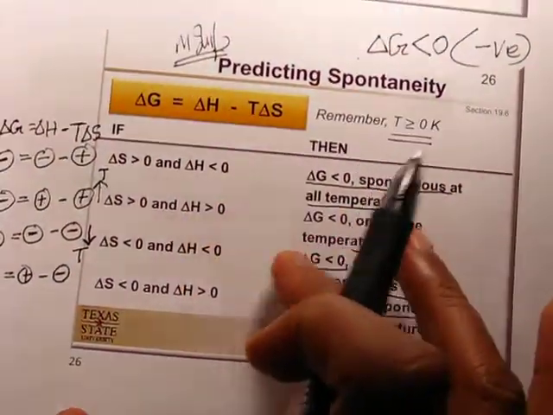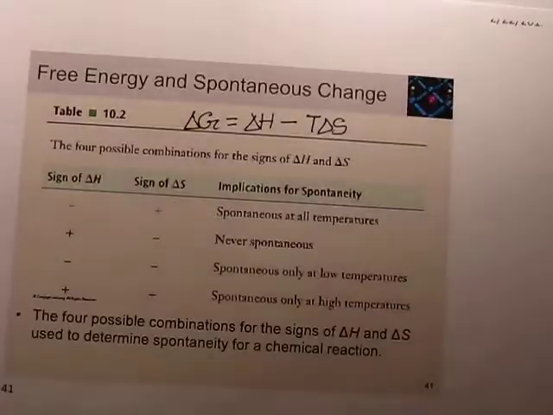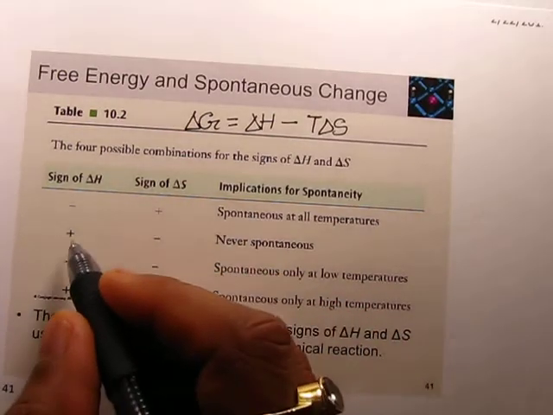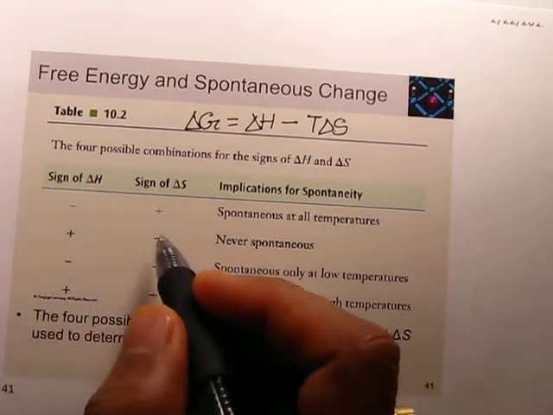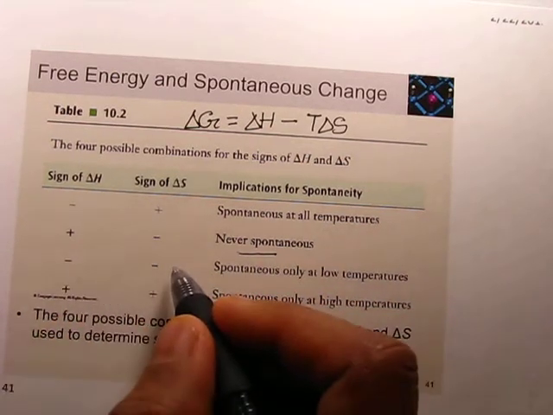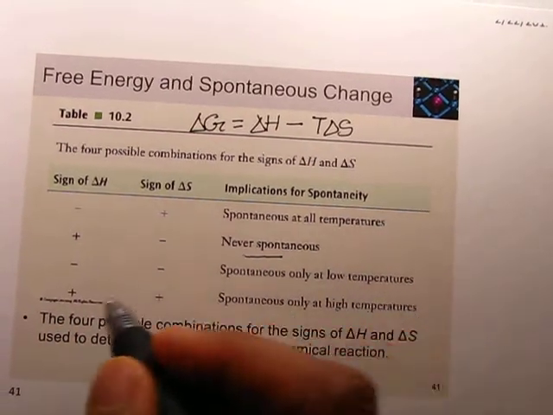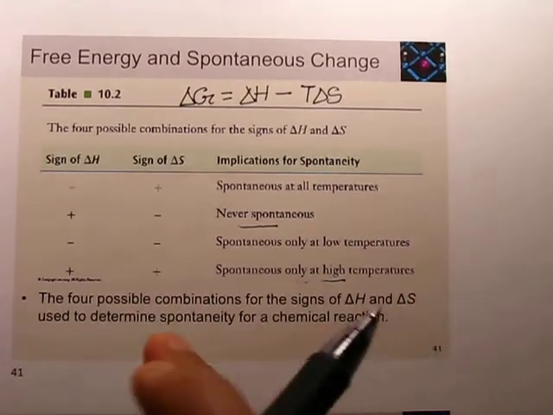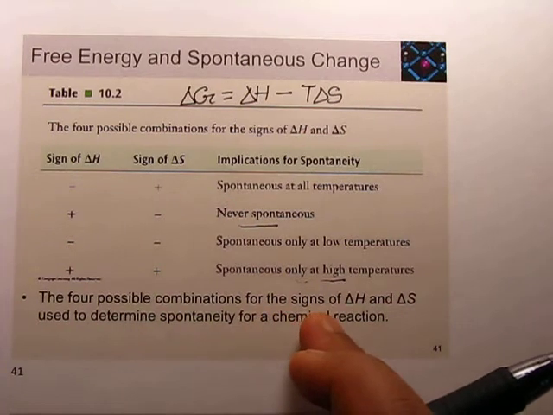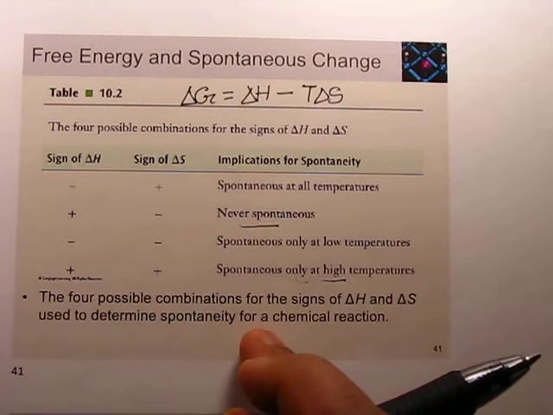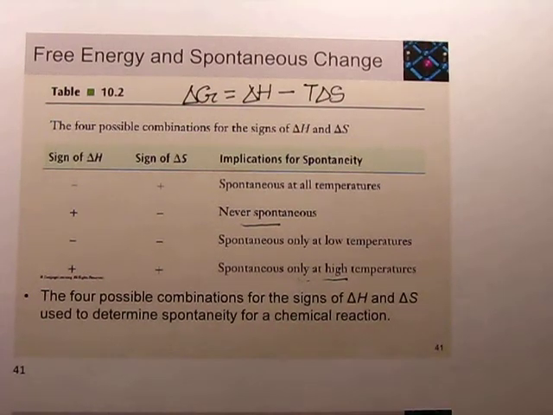So this table and this slide are equal. This is one more way to understand. Positive delta H, negative delta S: never spontaneous. Negative, negative: spontaneous at low temperature. Positive, positive: spontaneous at high temperature. These are the four possible combinations of the signs of delta H and delta S used to determine spontaneity of a chemical reaction.